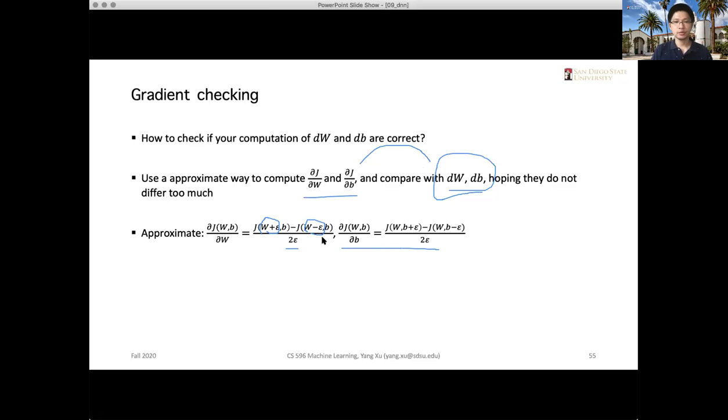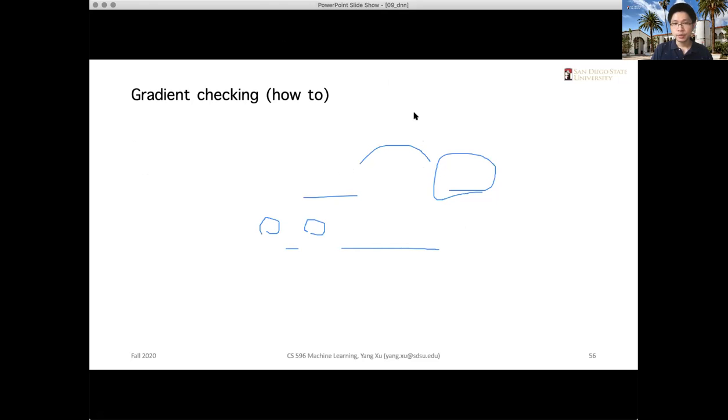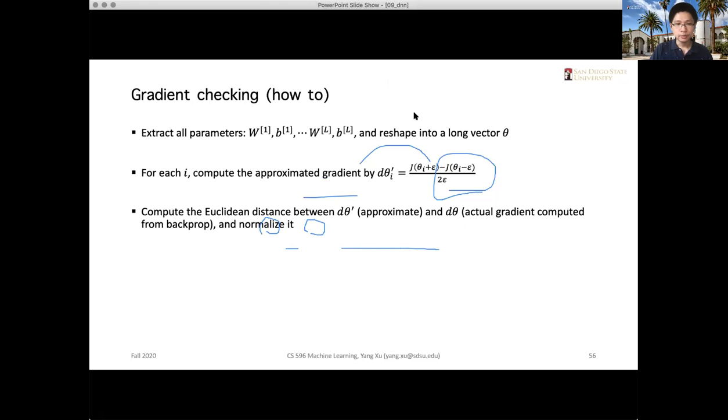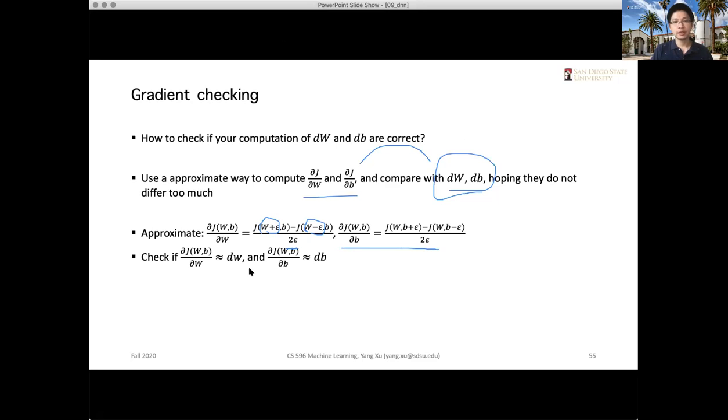And then we want to compare these two quantities. We want to compare whether the partial derivatives that we compute manually are almost the same as the gradients.